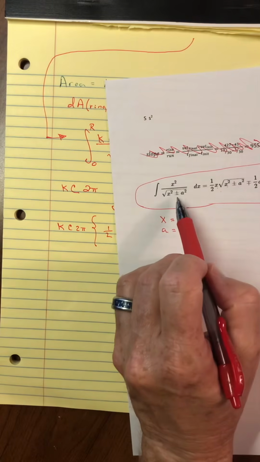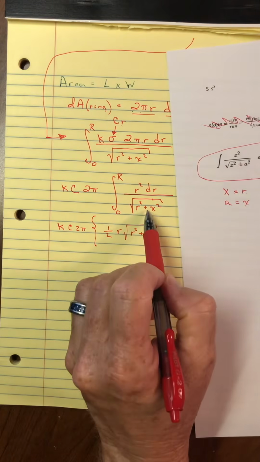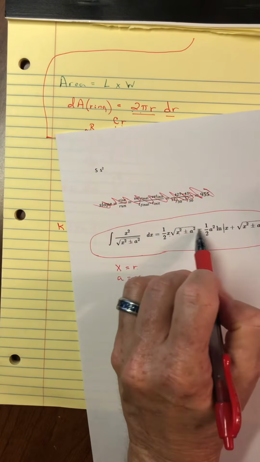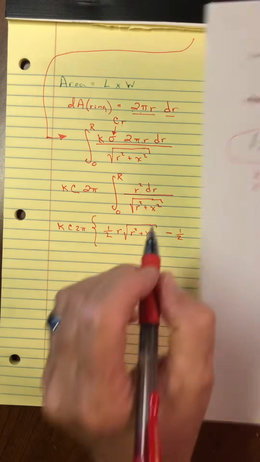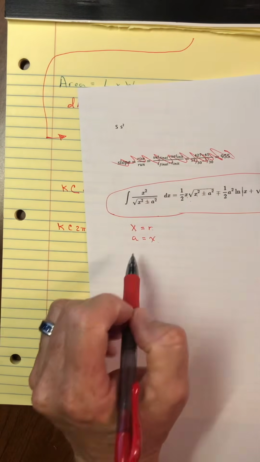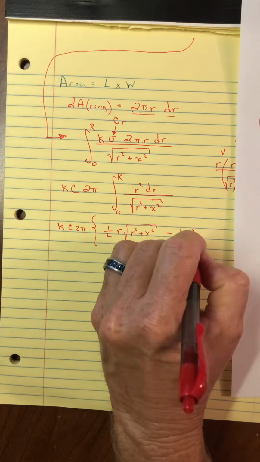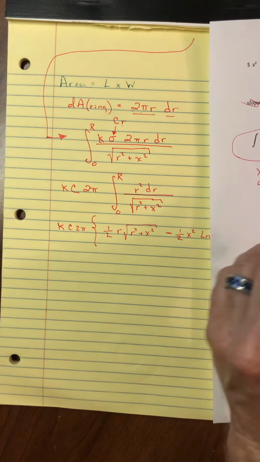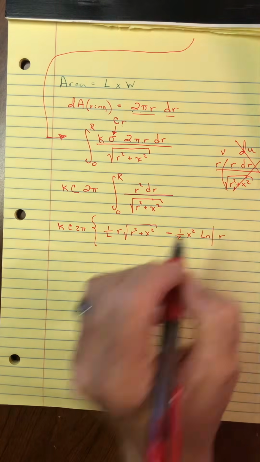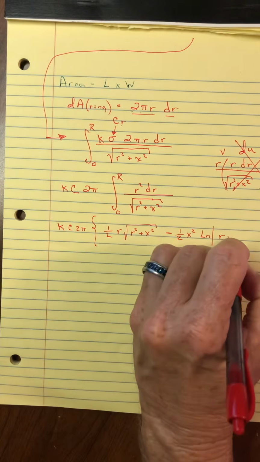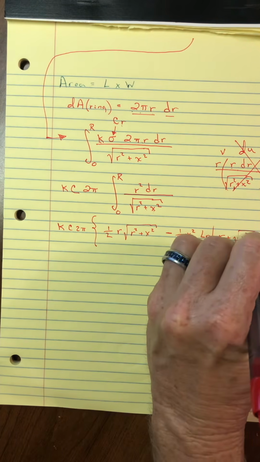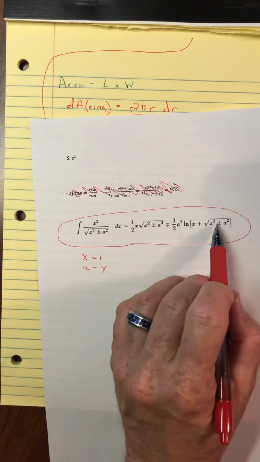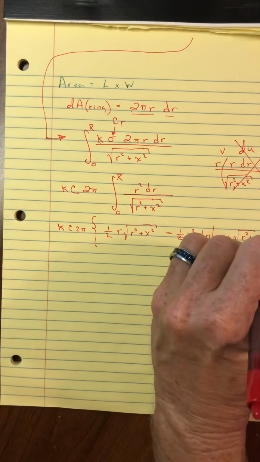And again, I want the upper one, so I'll put a minus here, because that's the upper sign. And then there's a 1/2, and then there's an a squared. Now remember, where we've seen a, we put an x, so that's x squared. And then this is the natural log of the absolute value. Again, everywhere we see an x, we put an r, so there would be an r plus the square root of r squared plus, and again, we would use the upper sign because that's the one we want. And then everywhere I see an a, I'd put an x.